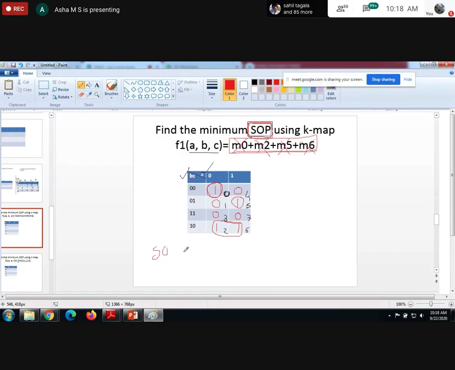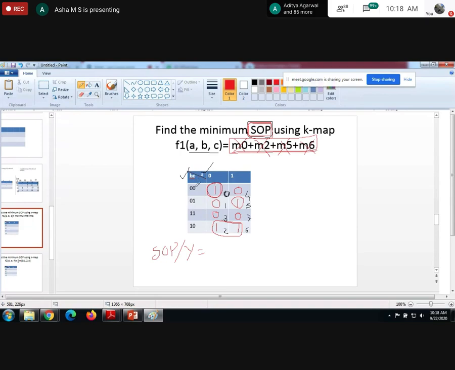You can write SOP equal to, or you can write Y equal to. Y represents the output. So what do these ones represent? What are the variable values of this one? A, B, C. What is the value of A? 0. B? 0.